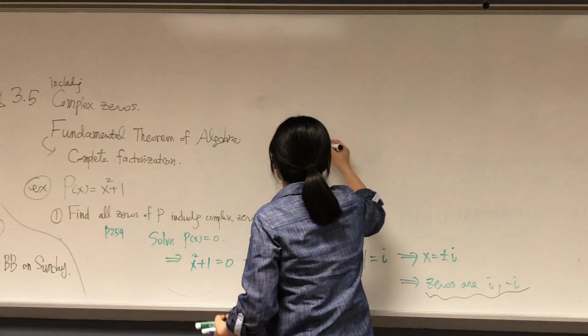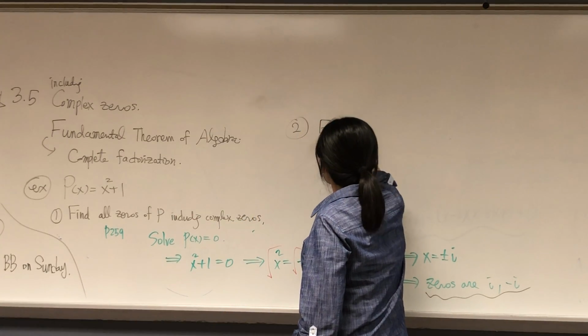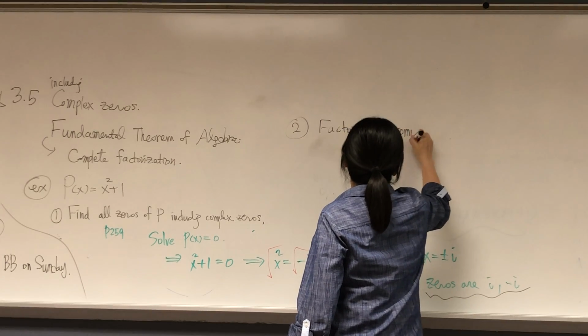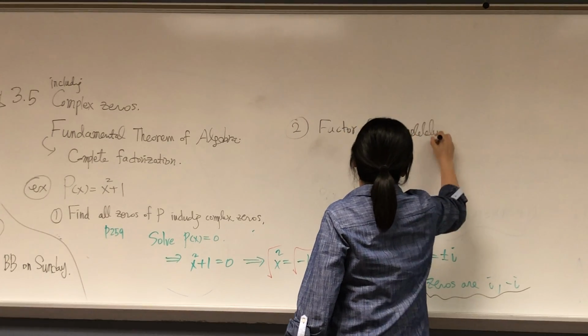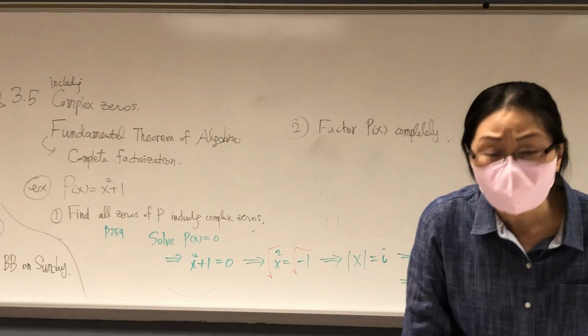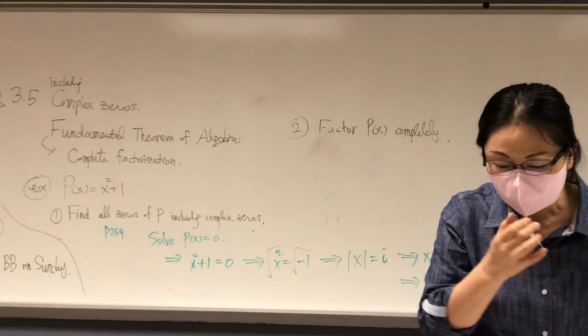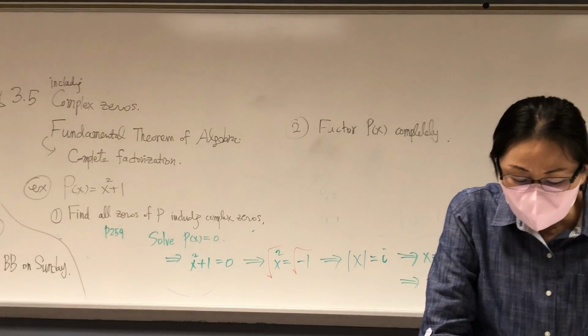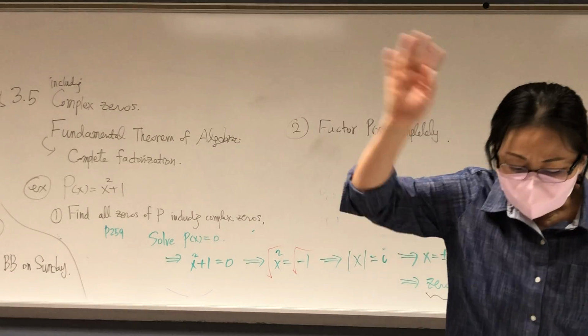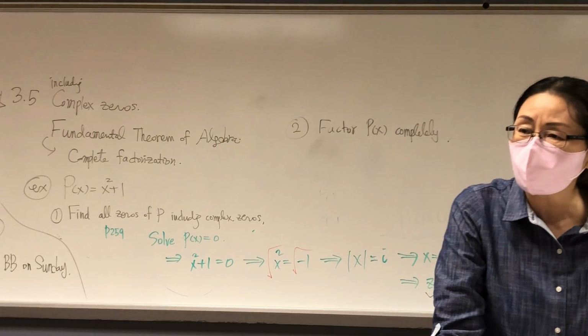Now, let me ask you a second question. Same example. Factor P of x completely. What do they mean by completely? Before I go to number 2, if you have a book, please read page 287, the complete factorization theorem.